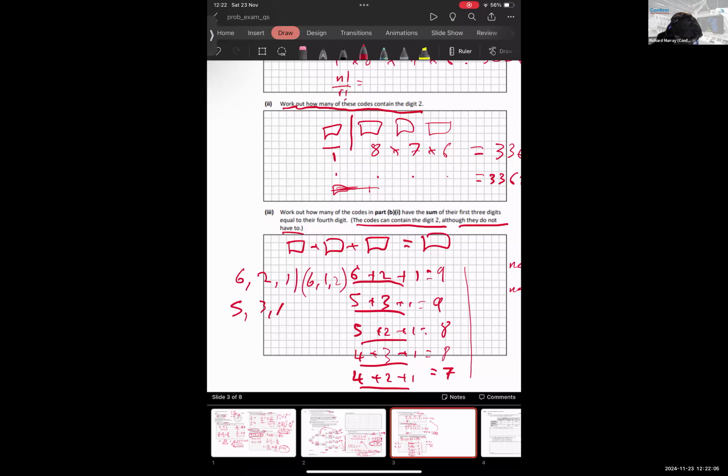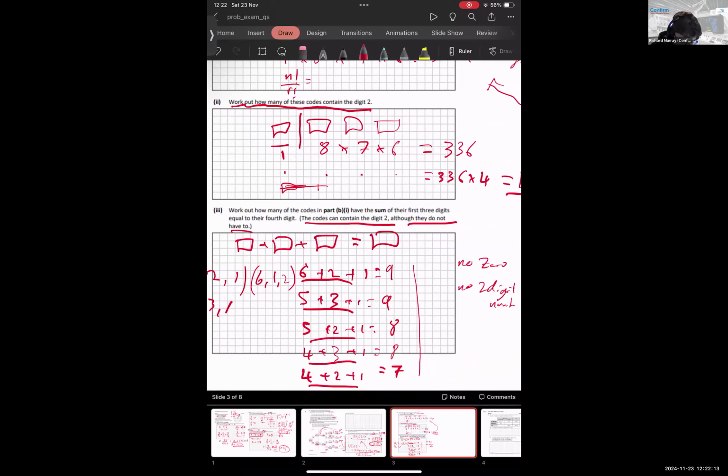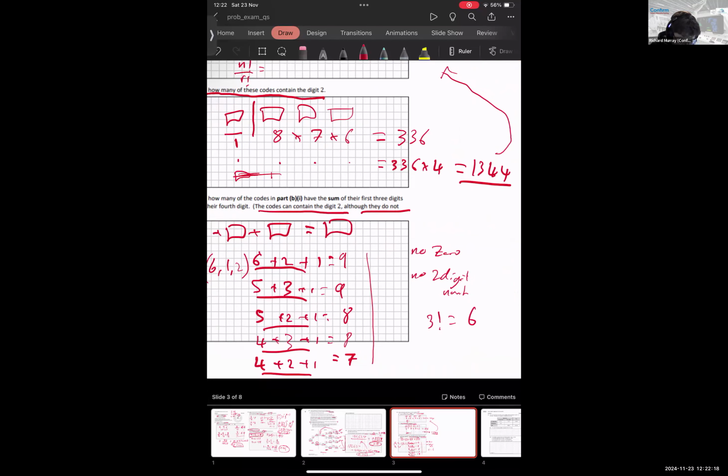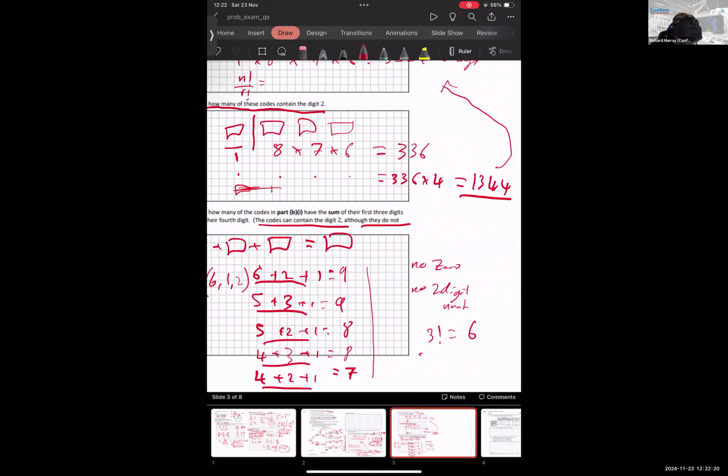So what we need to do is multiply, because each has 3 factorial ways we can arrange it, which is equal to 6. So it's 3 factorial times 5 different options that would work, which gives us 30 ways.